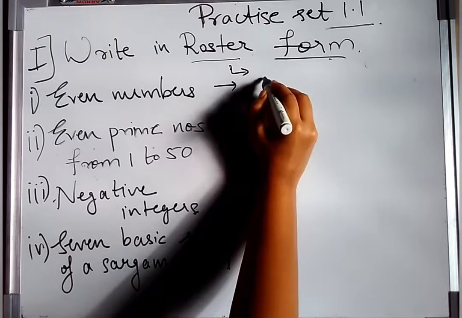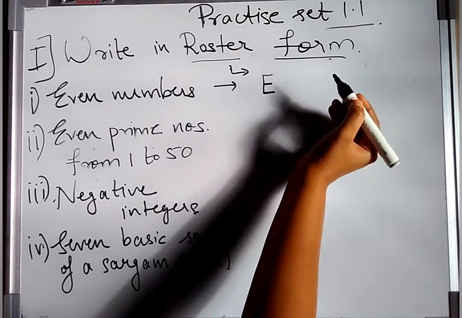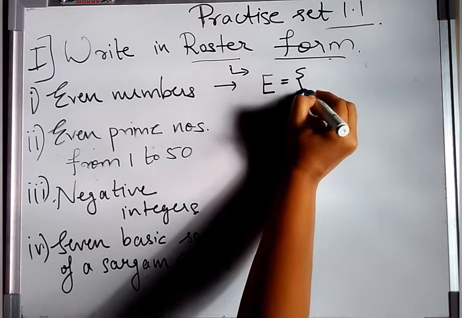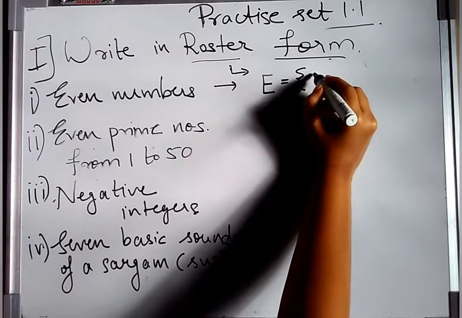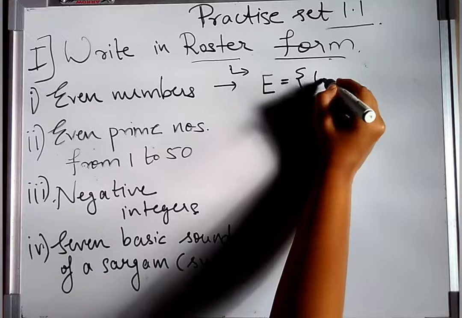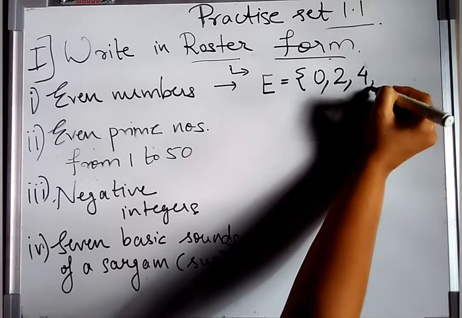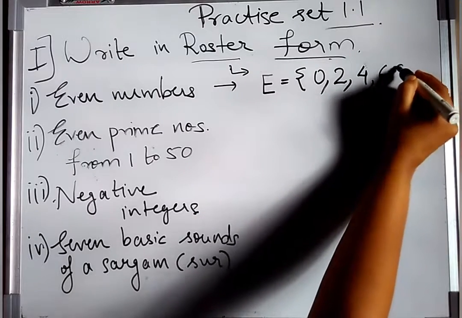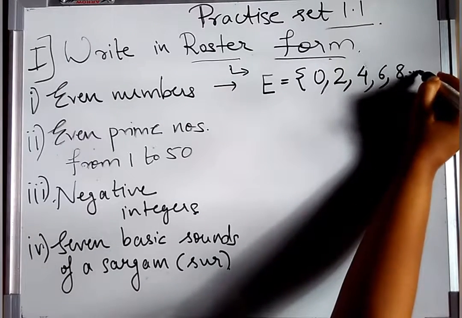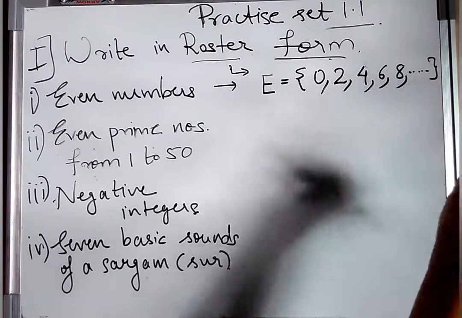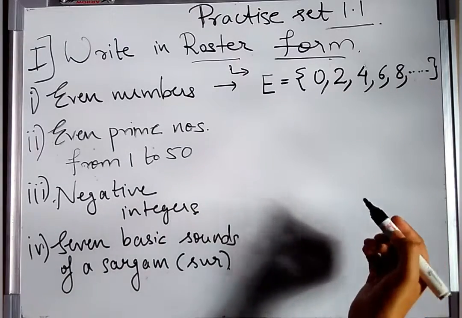Let's name the set using the letter E. Now I have to list the even numbers. So what are the even numbers? 0, 2, 4, 6, 8, and then it continues. It is an infinite set, right?